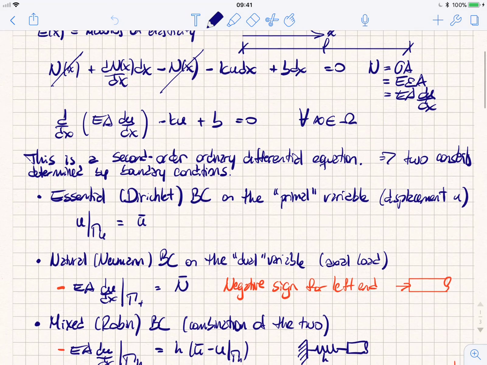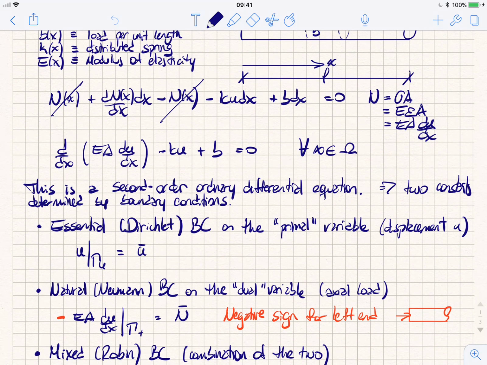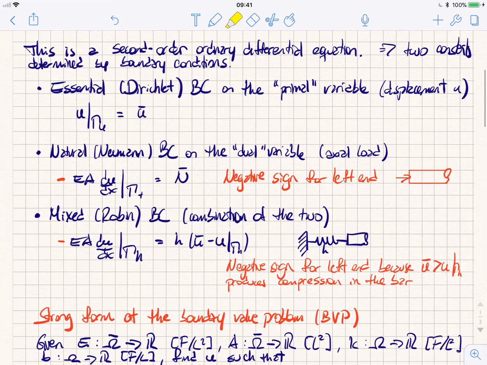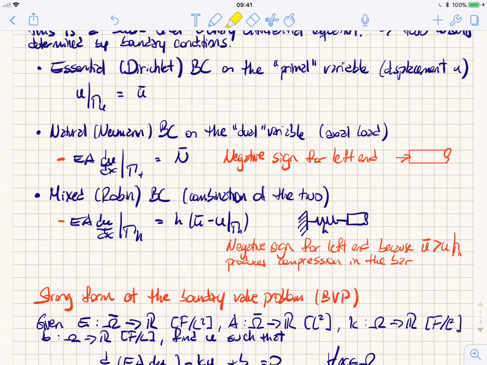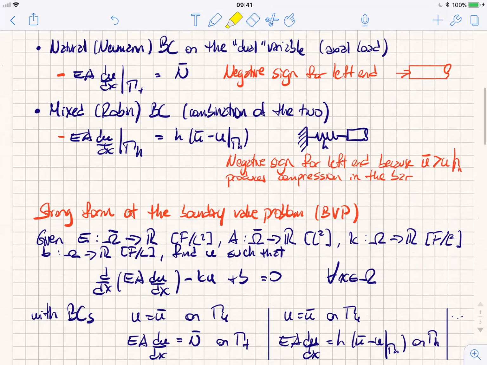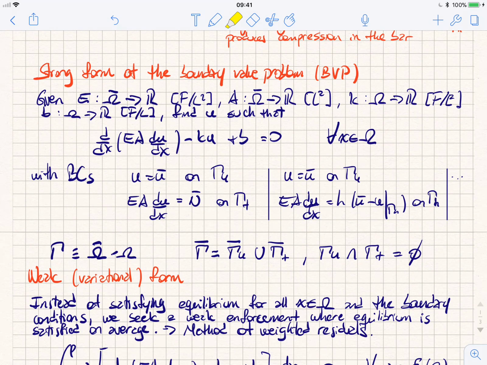So if I look at what we did last time, I'm going to go quickly through this. This is basically our differential equation. And then we talked about boundary conditions. The types of boundary conditions that you can apply are either essential, natural, or a mixture between those. And then we formulated the strong form of the problem. That means that you are able to describe the problem, the differential equation plus the boundary conditions.